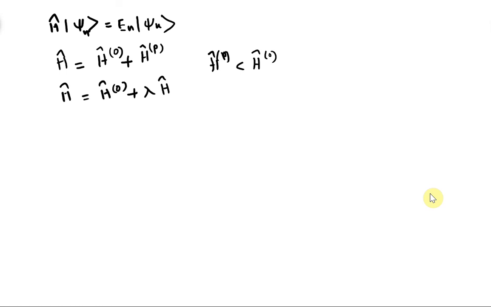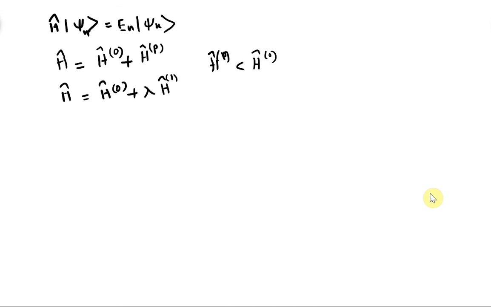Now I have written hp over there, so I'm writing h1. So the correction term in the Hamiltonian, I just call that lambda h cap 1, h1, yeah, lambda h1.